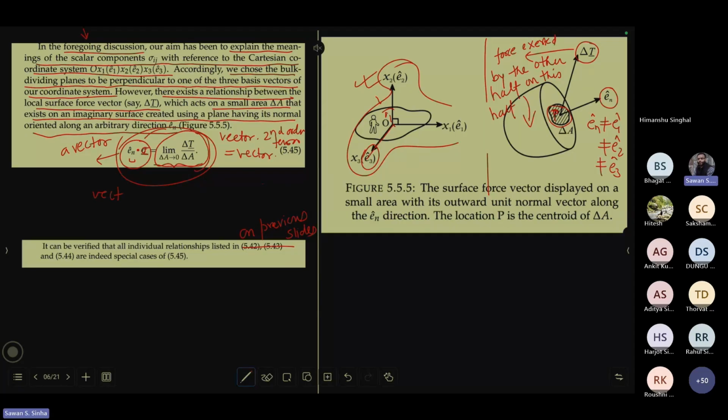You can verify that all individual relationships listed on my previous slides, when I was using planes which had unit normals along 1, 2 and 3 directions, are special cases of this. So this is a more general relationship. If you want to relate the force on a small area which has unit normal En, it can be accessed using the local state of the tensor sigma.